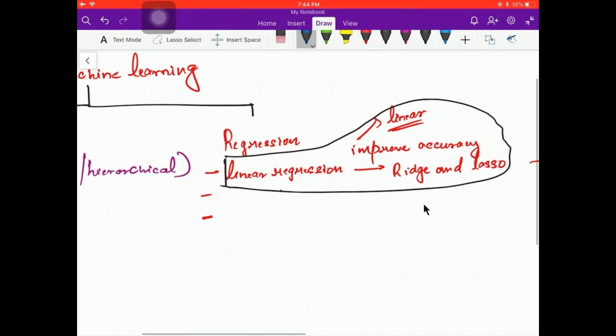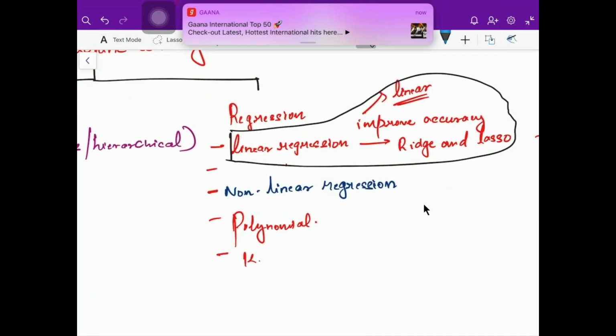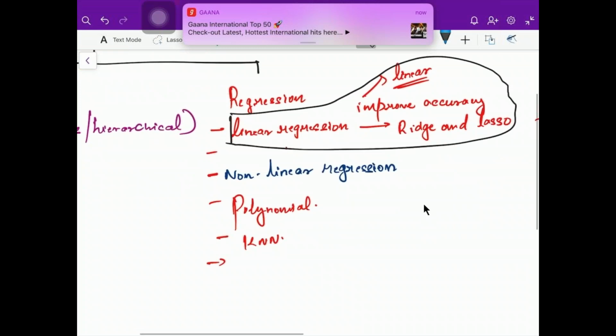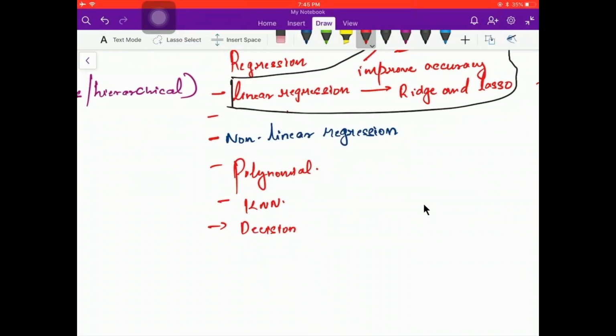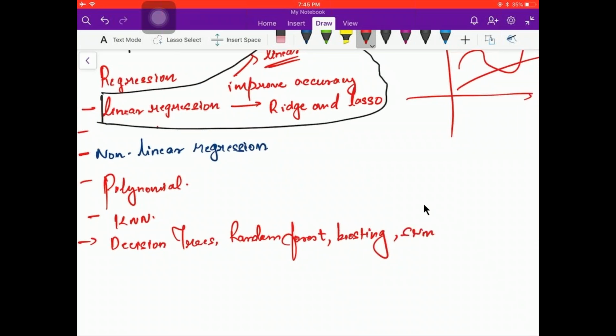Now I start with non-linear regression. Non-linear regression will have polynomial, k nearest neighbors, decision trees, random forest, boosting, SVM, and what else did we learn?